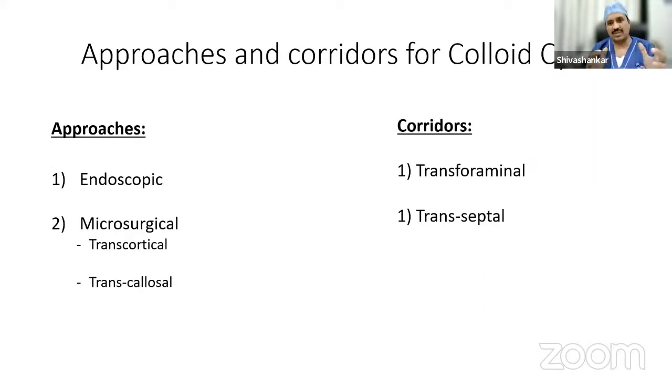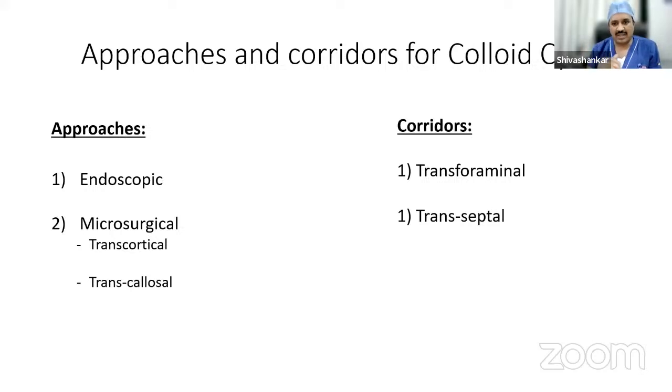Once we know this, we can plan the approaches as per the knowledge of the anatomy and the experience with whatever approaches we choose. Either it is endoscopic when we have the infrastructure and experience, or microsurgical, which most of us neurosurgeons do, either transcortical or transcallosal.